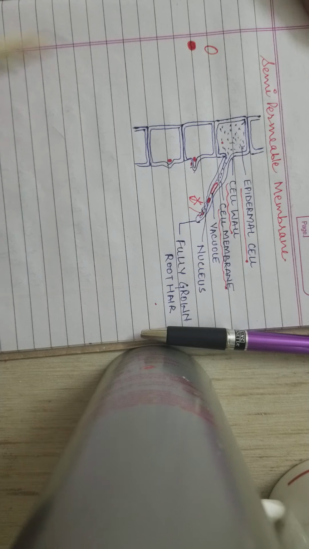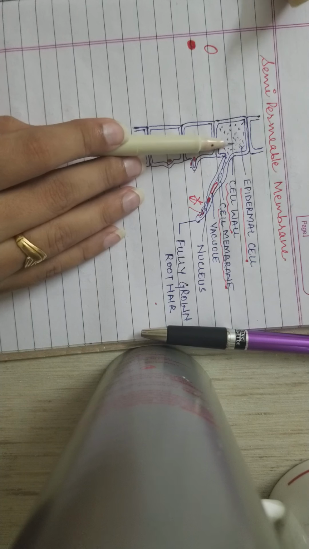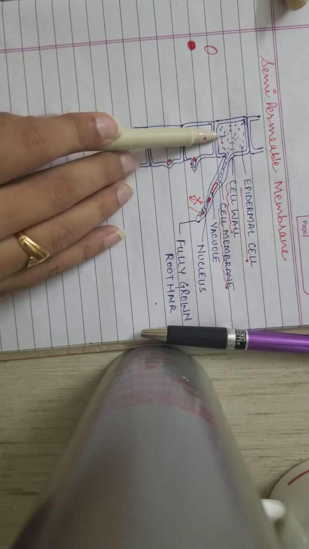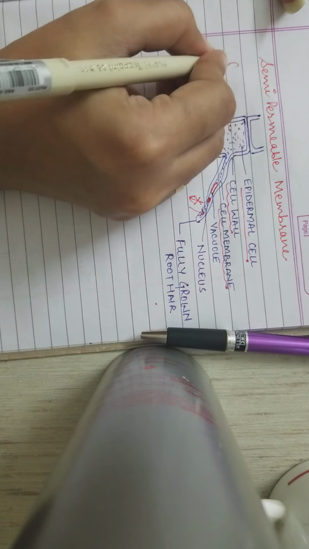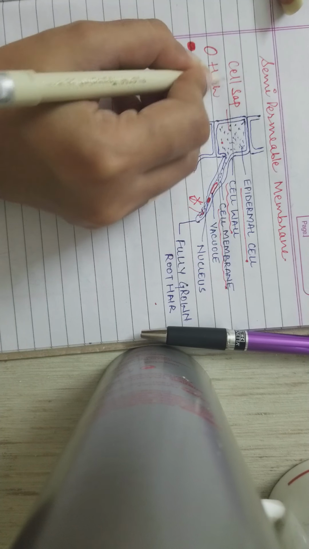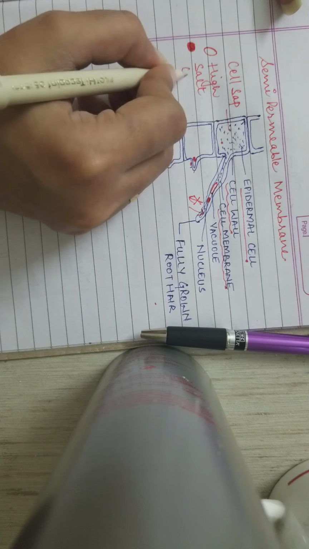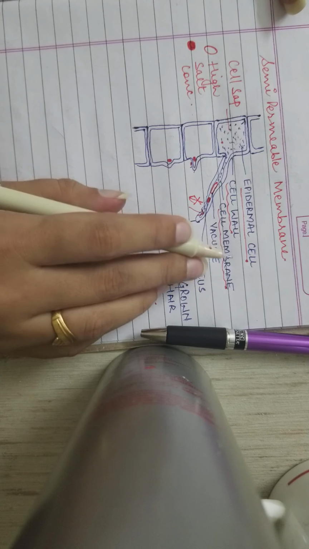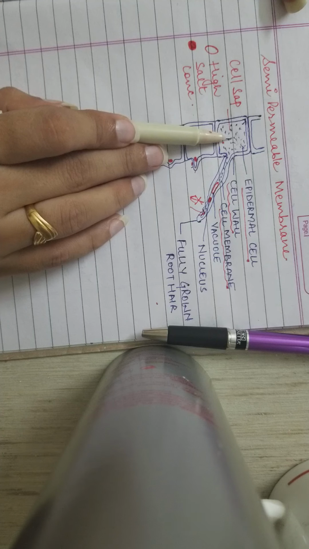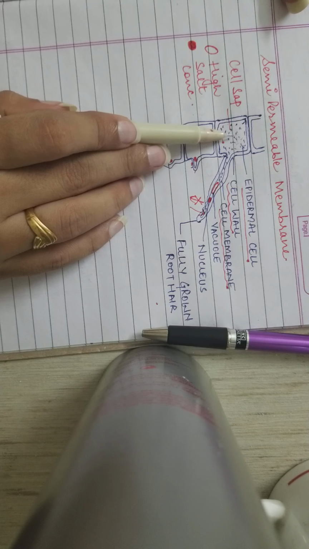Now the cell sap which is present inside the epidermal cell has a high salt concentration, higher than the surrounding soil water. So in the cell sap the concentration of salt is high.